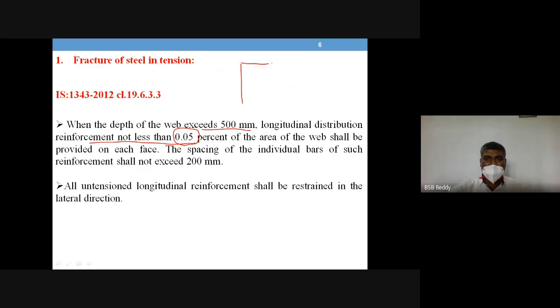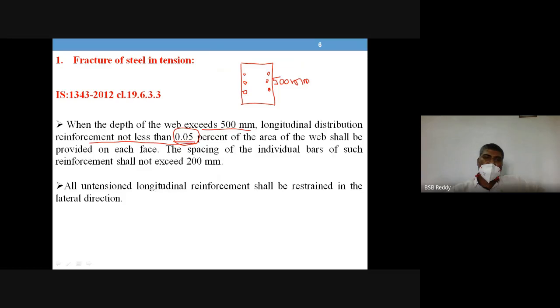So if the depth of the beam is more than 500, in case of RCC it is 750, in case of prestressed concrete it is 500 mm. So if the depth of the beam is more than 500 mm, you need some side face reinforcement also. Okay, this side face reinforcement is to be distributed on both the faces.